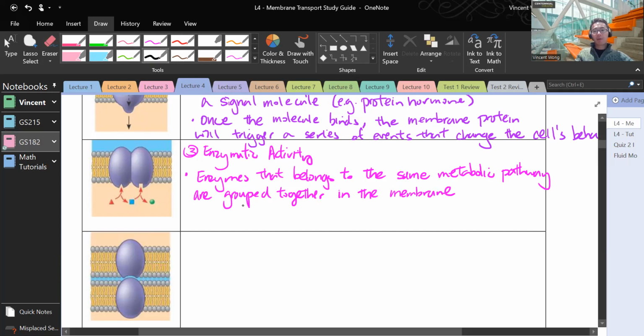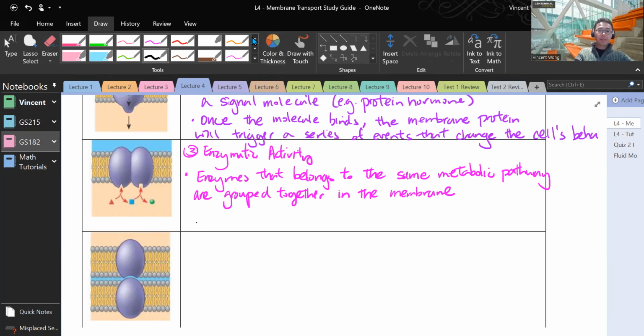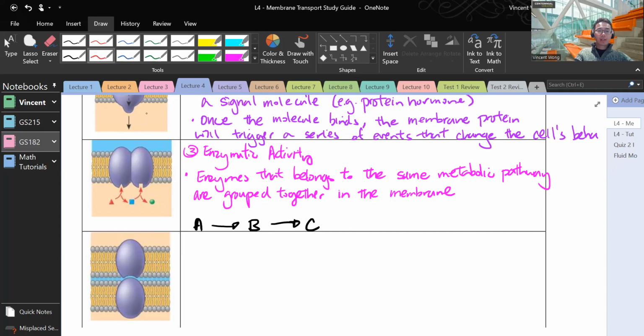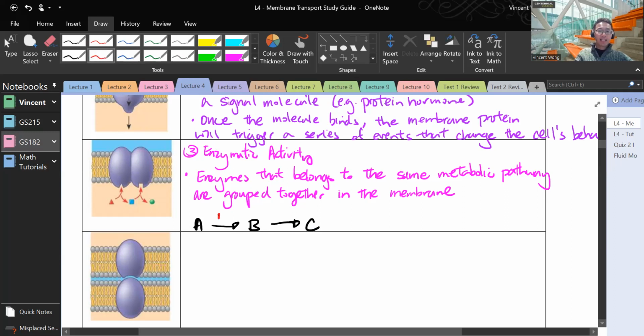Well, a metabolic pathway is basically a series of chemical reactions. So let's say we're going to take some reactant starting at A, and we need to convert it into B, and then B needs to be converted into C. In order for us to do that, though, we're going to need to have enzyme 1 here and enzyme 2 here.